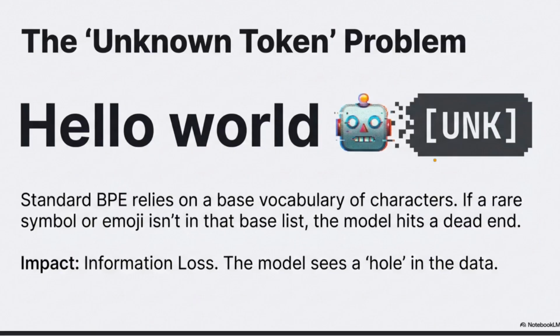For example, if we train the tokenizer on only English words and we give it a Chinese word or an emoji with different characters, it would collapse and generate an unknown token. This is bad because it means the model effectively goes blind at that spot in the sentence.